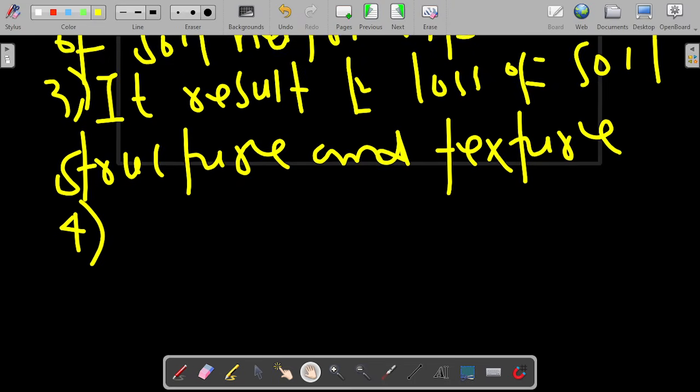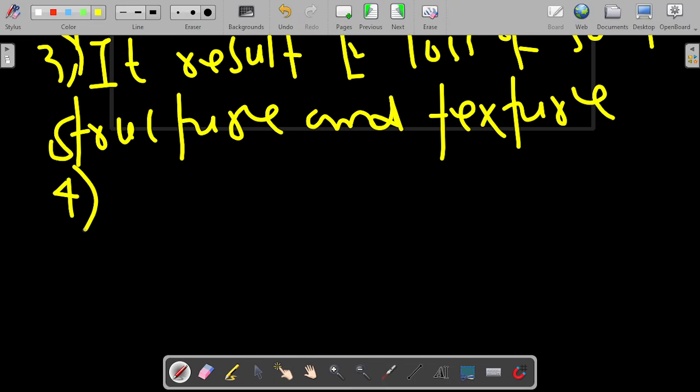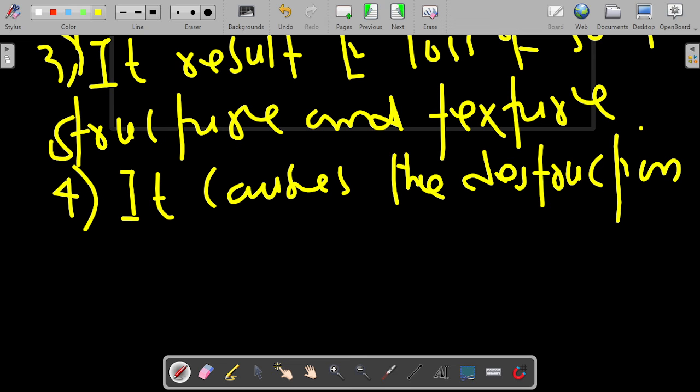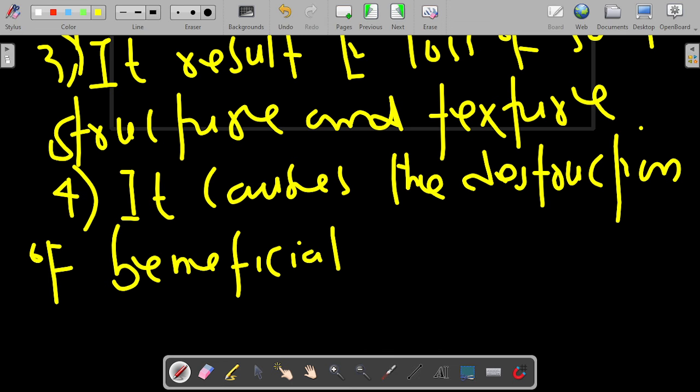4, it causes the destruction of beneficial soil organisms.